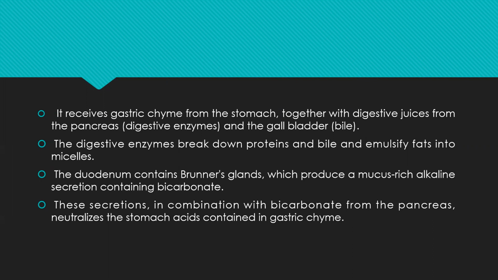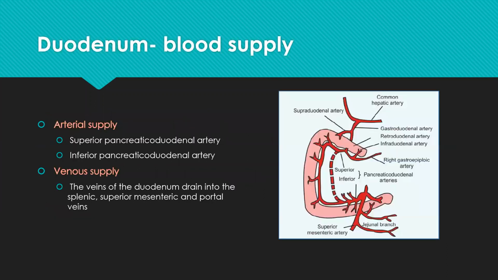The pH of the chyme the duodenum receives is acidic, so it has to be neutralized by secreting alkaline compounds.